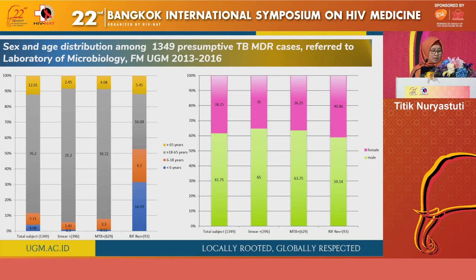According to this result, about 600 specimens were positive for the Xpert assay for TB. And among the MTB positive cases, about 14% were rifampicin resistant.